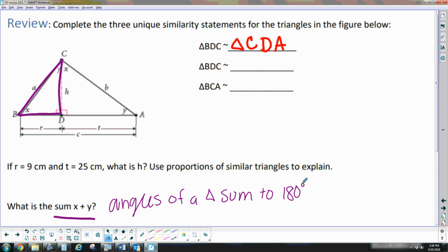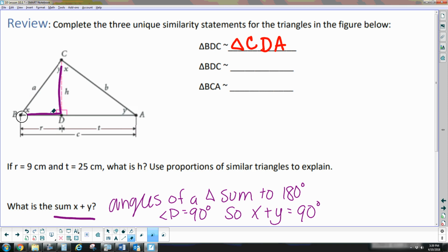And then angle D is 90 degrees. So x plus y has to also be 90 degrees. And we don't know the exact measure of x and the exact measure of y, but what we do know is that they add up to 90 degrees. So if they add up to 90 degrees, that means that this angle is 90 degrees.